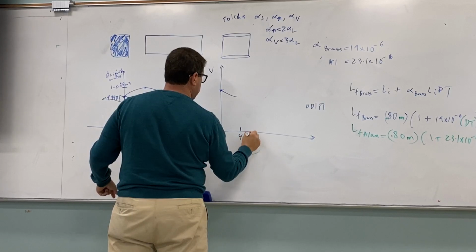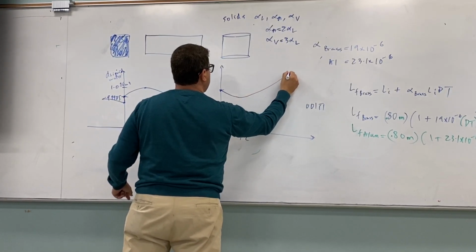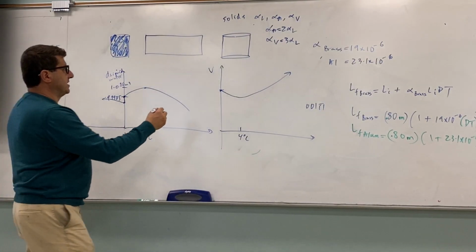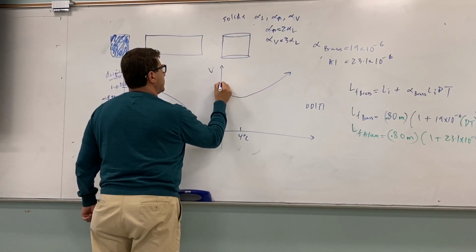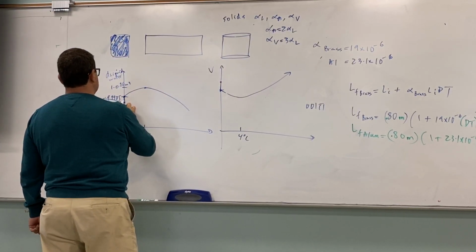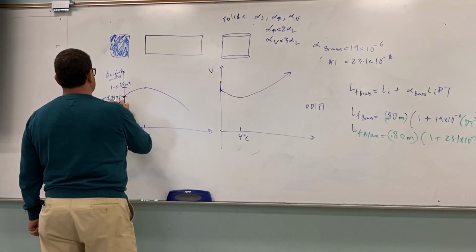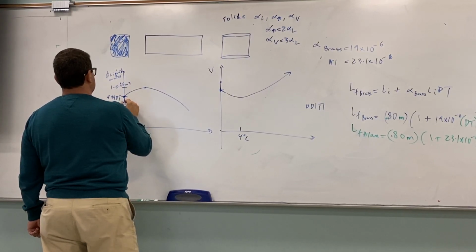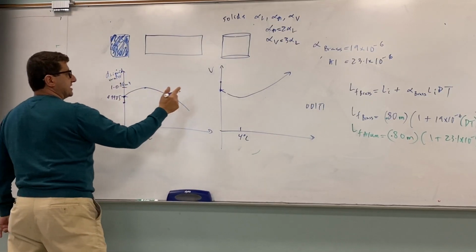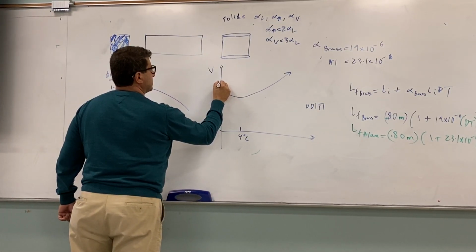So 4 Celsius. So volume is decreasing, and then when you're freezing ice, the volume is increasing, and I think this one, you know what? I don't know what happens on this side, let's just leave it like that. There's a jump like this.